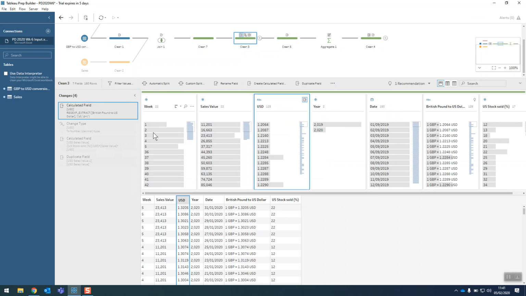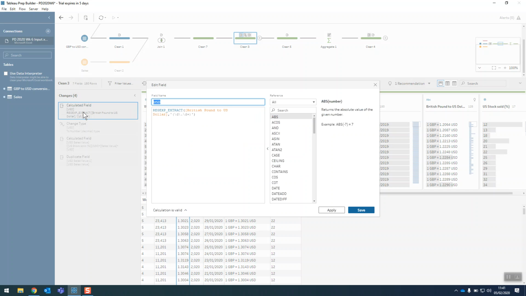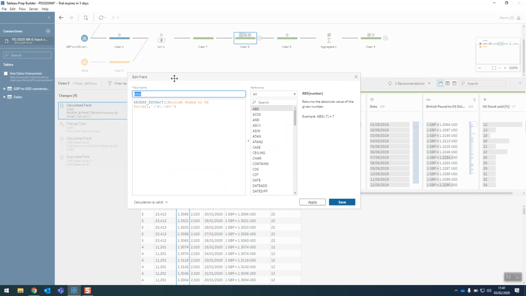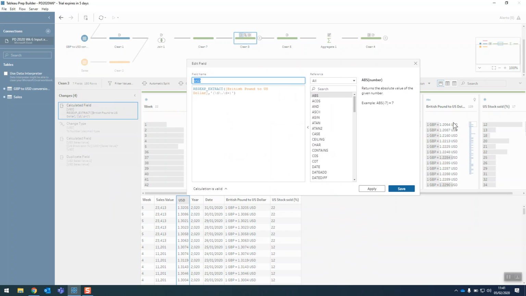First of all, we're extracting that conversion rate using a bit of regex, because we know, looking at this column, that it's always going to be a digit, a dot, and then some more digits. So that's what this bit of regex is showing: one digit, one dot, and more than one digit.